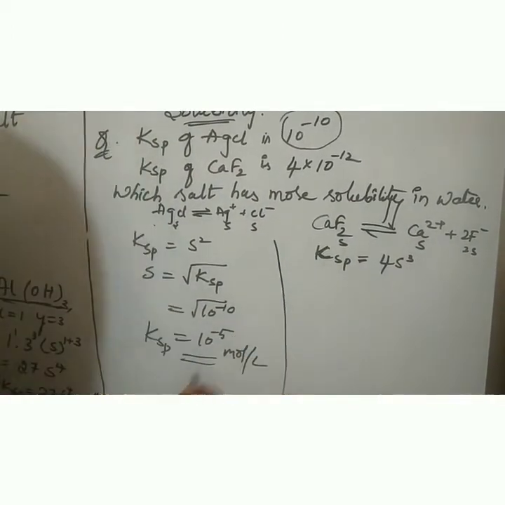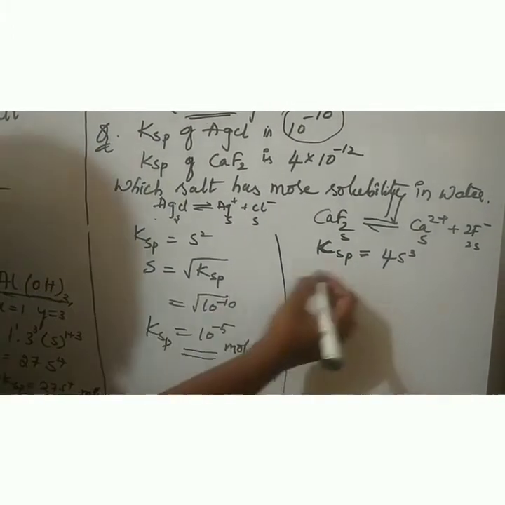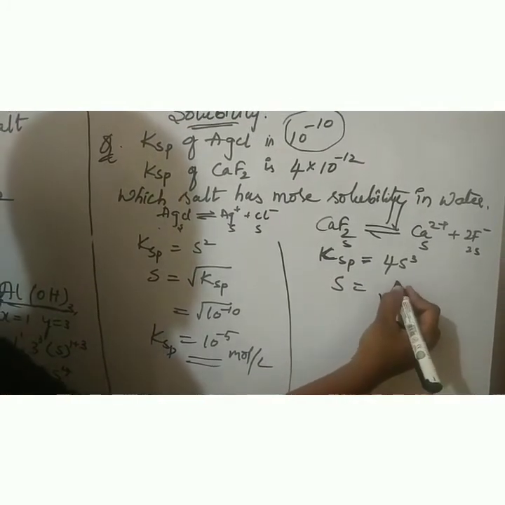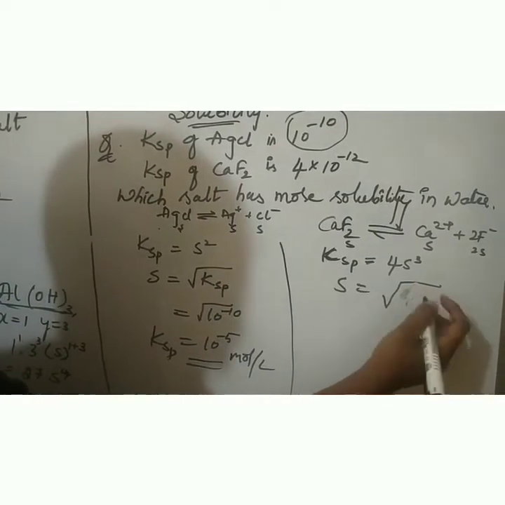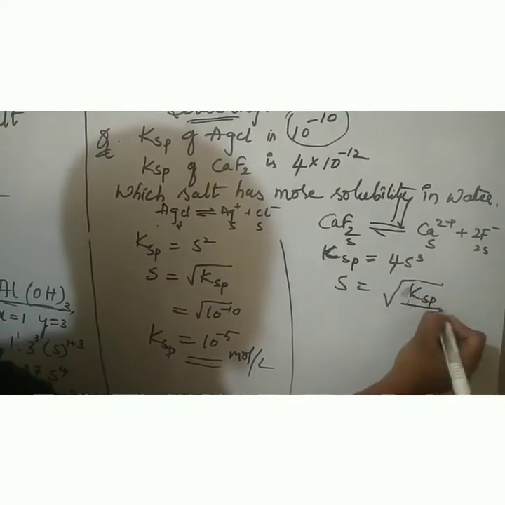Then we should find the solubility s, which is equal to the cube root of the solubility product by 4.